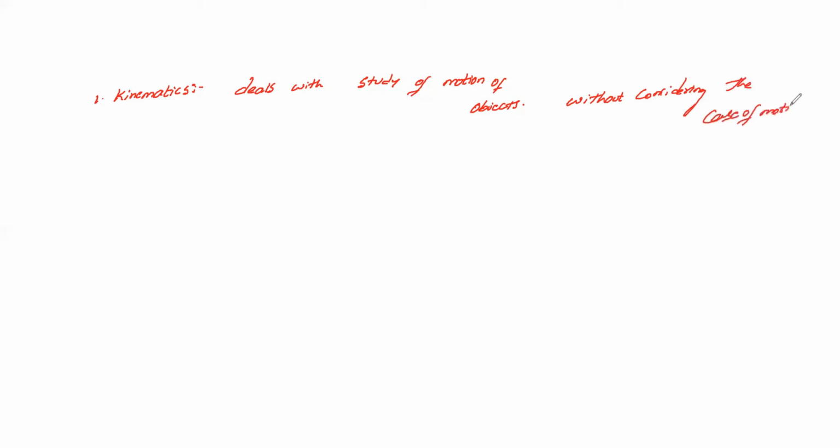Kinematics deals with the study of motion of objects, without considering the cause of motion. What is the cause? We don't want the causes. Is it moving or not? We want that one only.